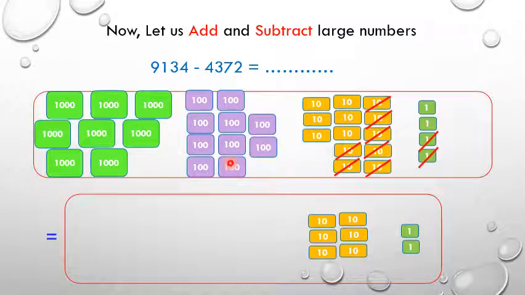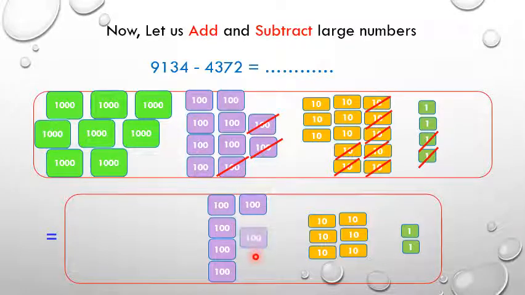Now ask yourself, can I take away 7 from 10 hundreds? Yes. Now let's cancel 700 here, 300 here. Can I take away 3 from 10 hundreds? Yes. Then cancel 3. The rest will be 700.